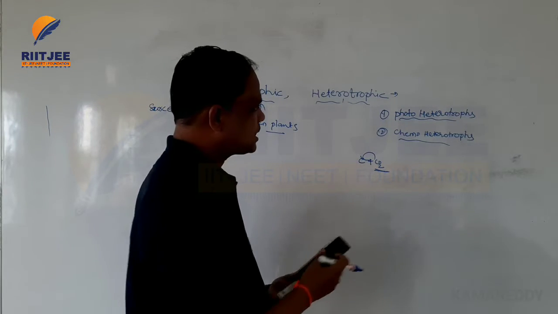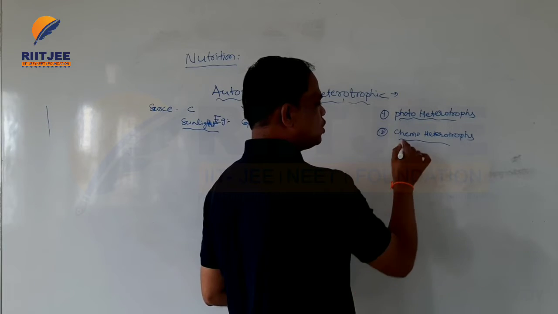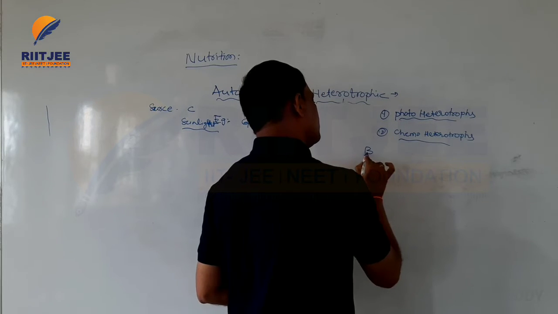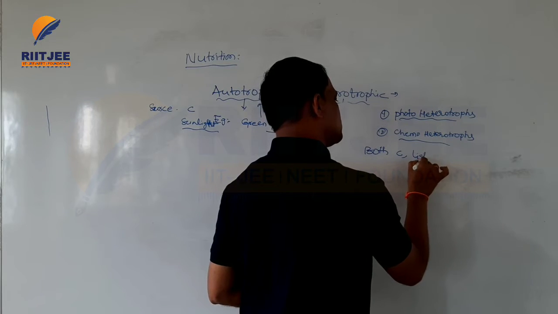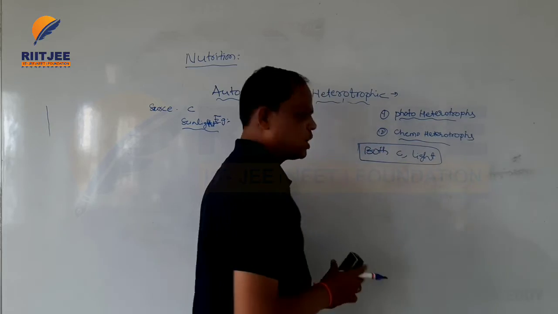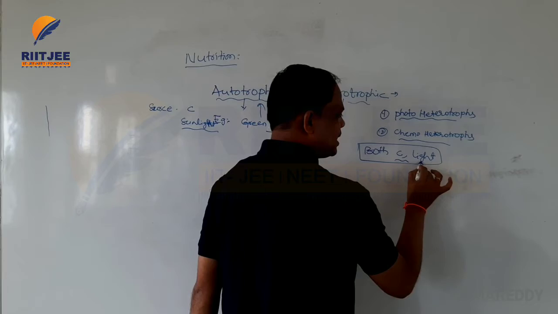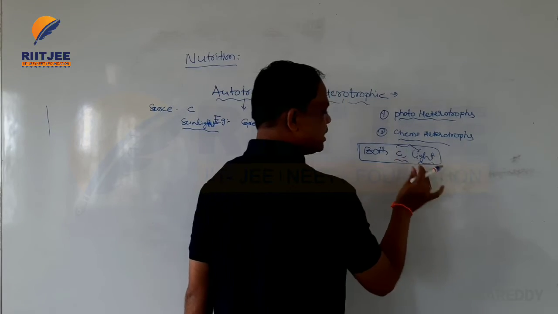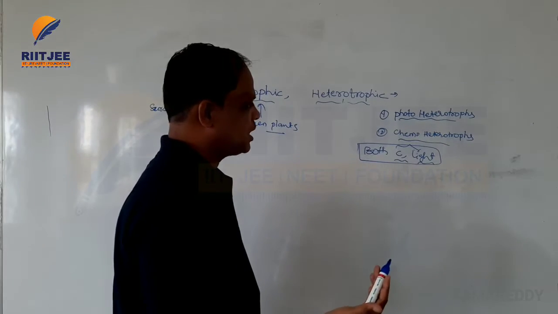And the next one is chemoheterotrophs. Here both the carbon source and the light source are dependent on other organisms. Both of these sources are dependent on other organisms.